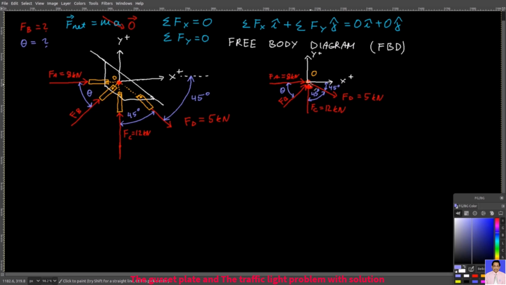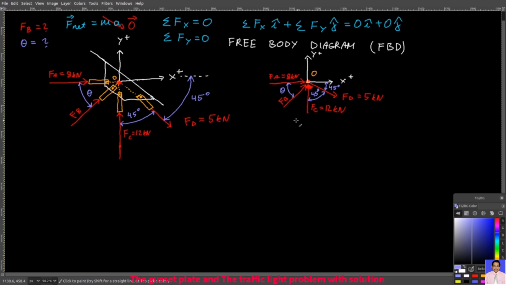And if you can do that, then you're dealing with equilibrium problems of a particle. And this is what this section will be about. Later on, we will learn about how to solve equilibrium problems for rigid bodies, but not in this section. In this section, we will stick with the equilibrium problems of a particle.